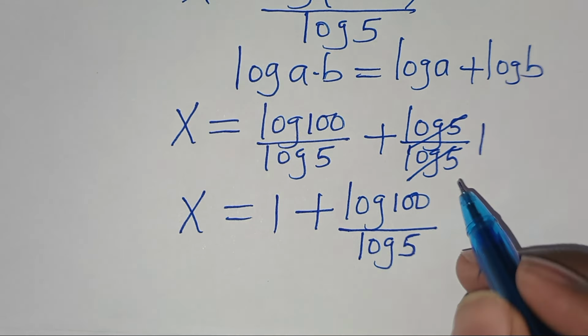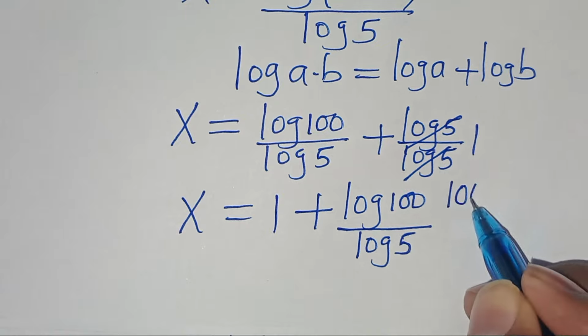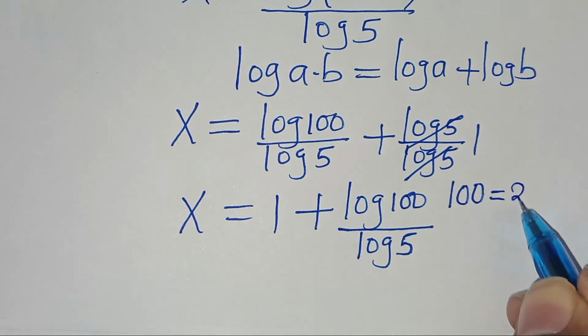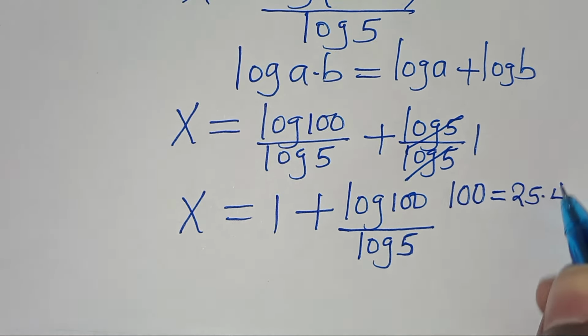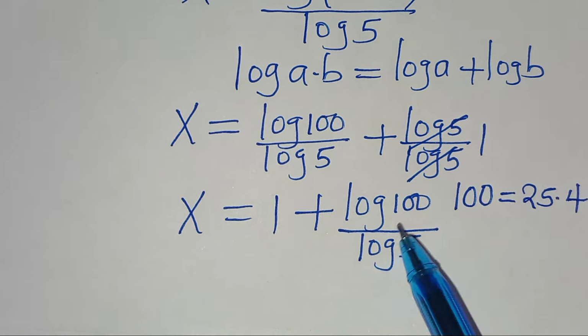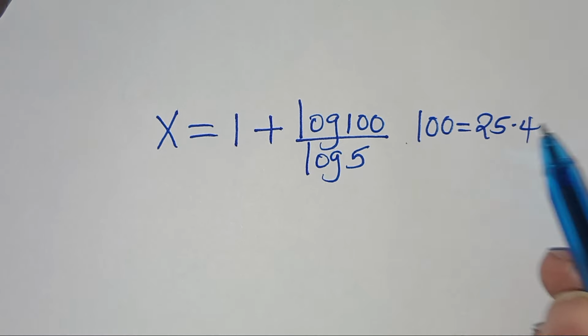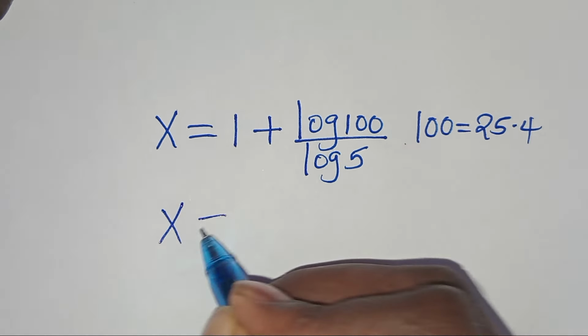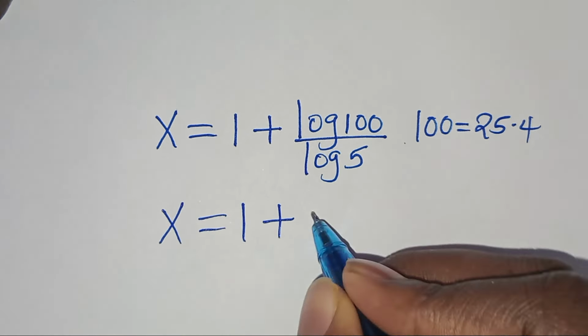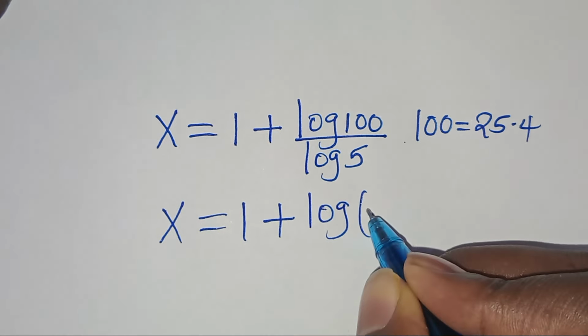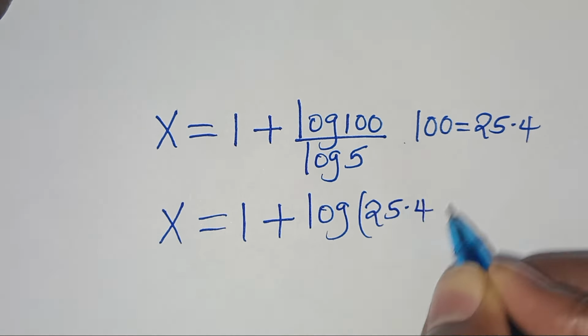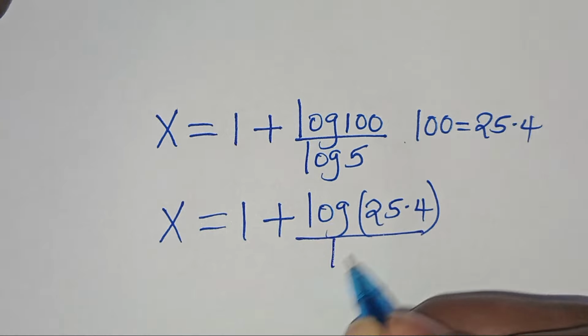The next step from here, we can express 100 basically as 25 multiplied by 4. So let's substitute this here. Now substituting 100 with 25 times 4, x becomes 1 plus log of 25 times 4 divided by log 5.